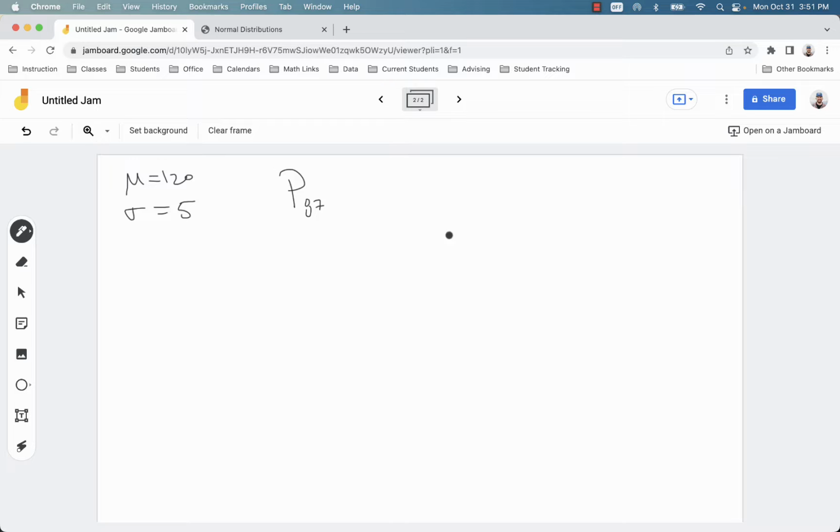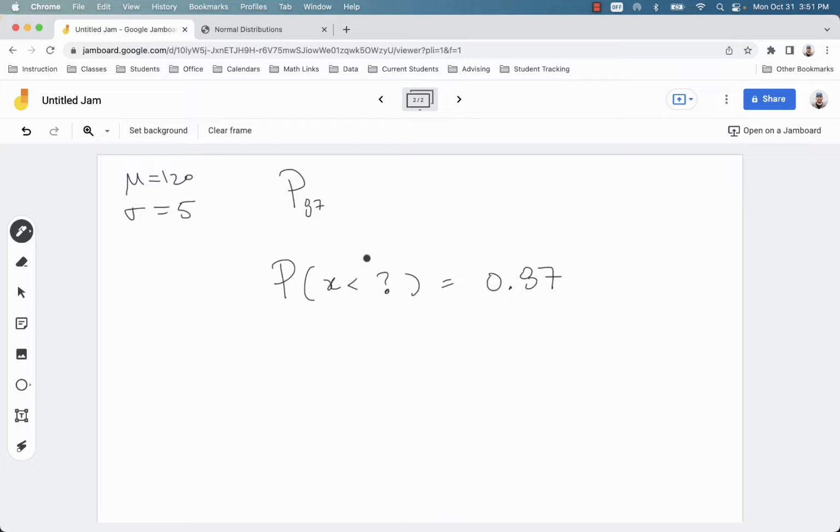Percentile means that we have a probability with x being below some number we don't know, and we know what the outputted area is. So it's kind of like other problems we've done, except it would be like an inverse function. And in many statistical software languages or in a calculator, we'll even call that the inverse normal.